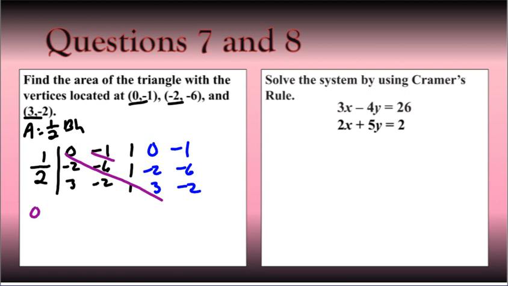Negative 1 times 1 times 3 is negative 3. This should be 0, negative 6, and 1. Then we have 1 times negative 2 times negative 2, which is a positive 4. If I add those together, I get 1.